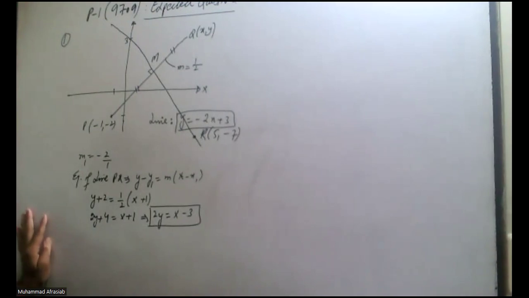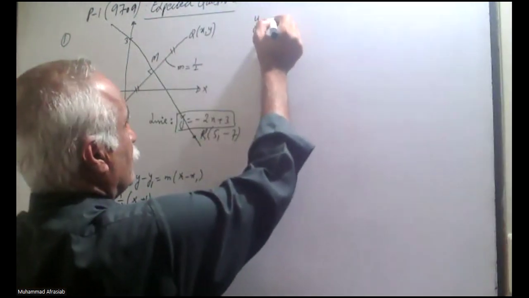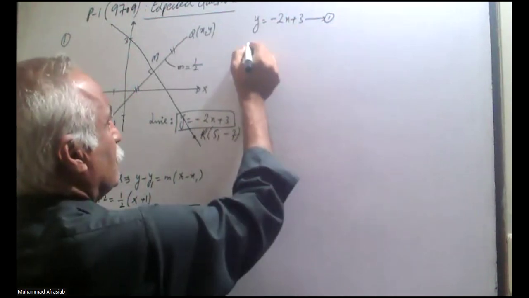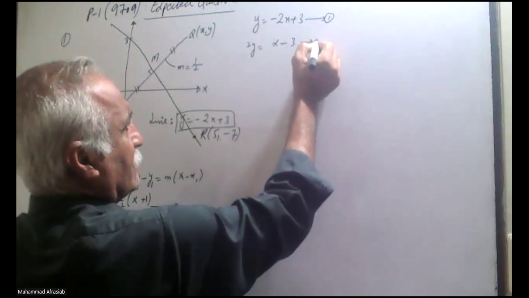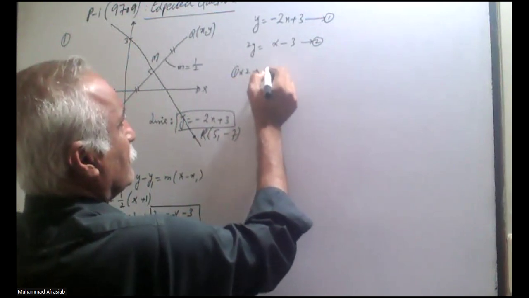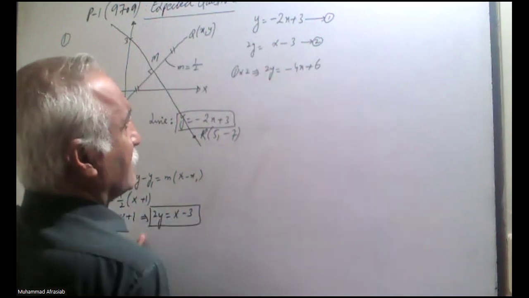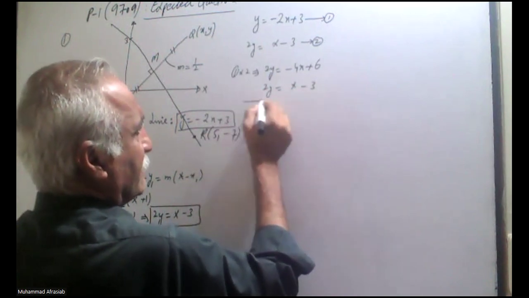But PQ and this line L are going to meet at this point M, so we have to first find the coordinates of M. One equation is y = -2x + 3, and the other equation is 2y = x - 3. Multiply equation 1 by 2, so this becomes 2y = -4x + 6, and equation 2 is 2y = x - 3.